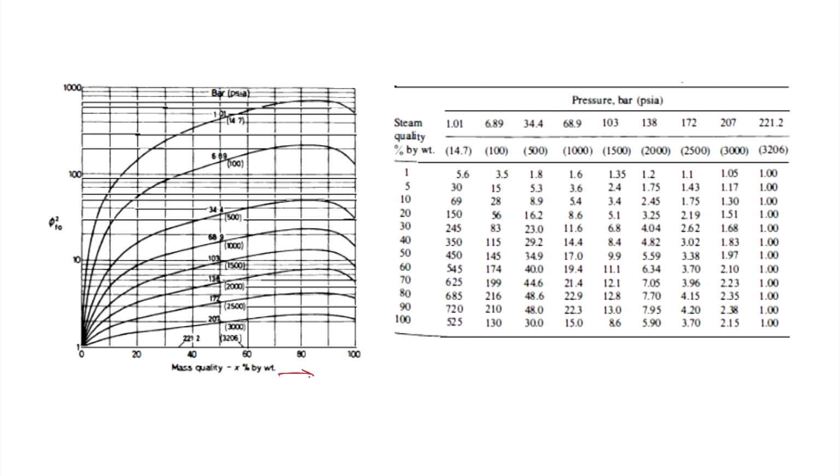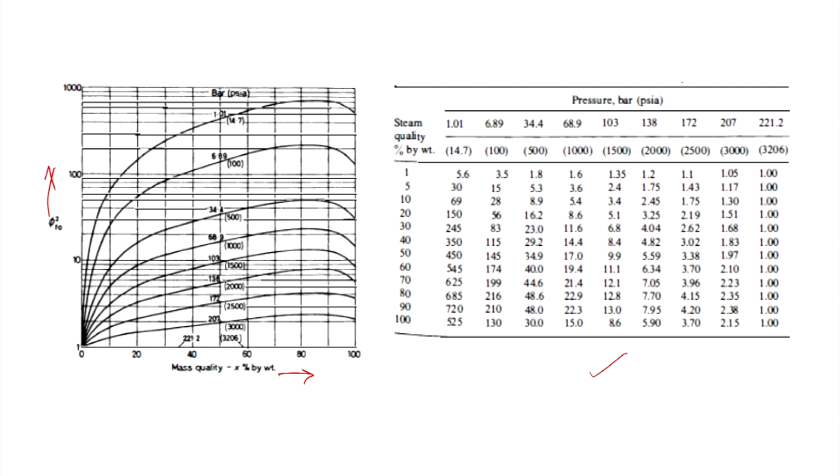Here we have quality and phi FO square for different pressures, and there is a table also which gives the two-phase multiplier phi FO square for different pressures and different qualities. So, using this we can find delta Pf.